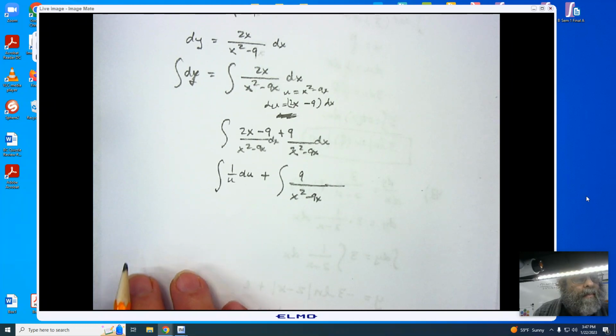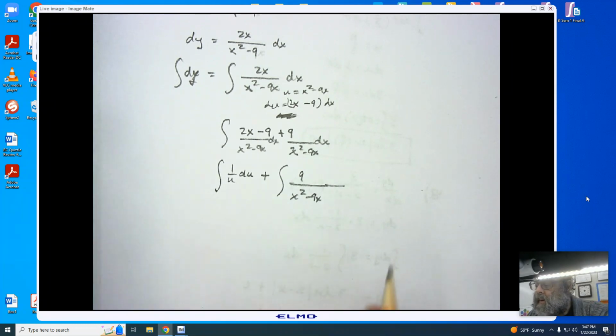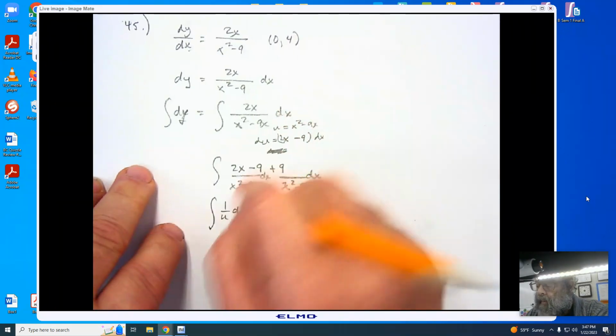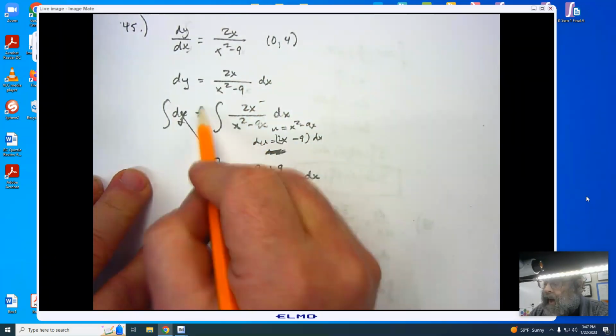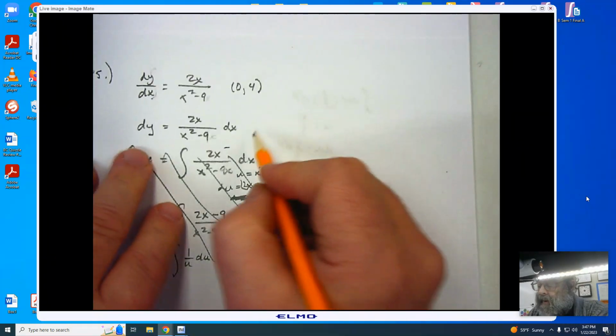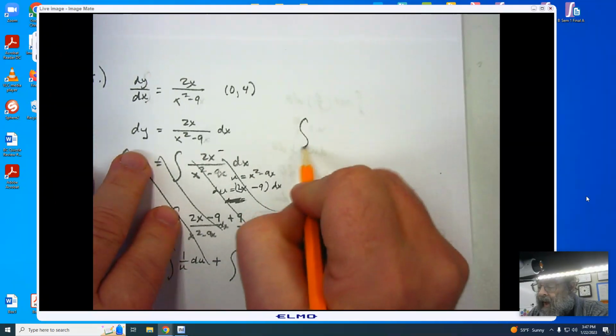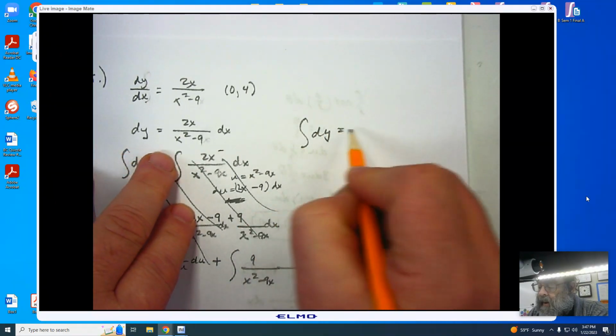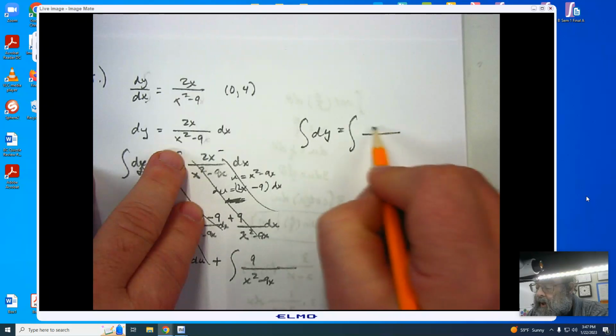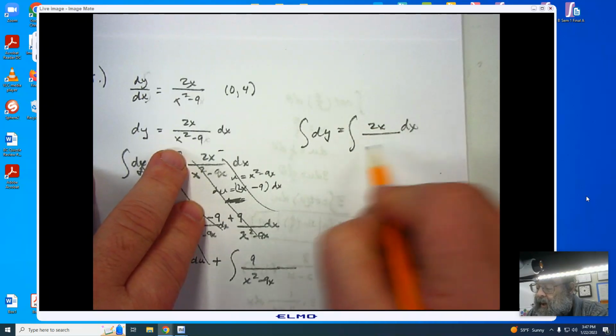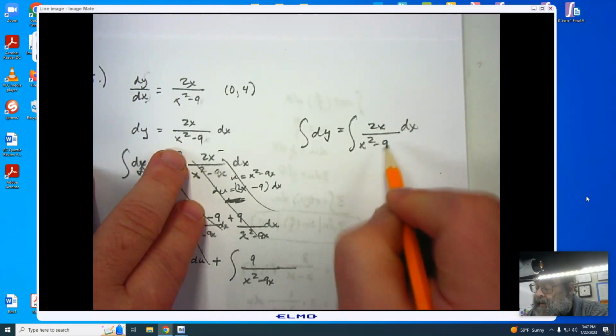At least this is what I'm supposed to see. So, doing this problem, let's go ahead and just stop this video after this problem. I have dx. We're using our u substitution here. We have 2x dx, and according to the problem, x squared minus 9.